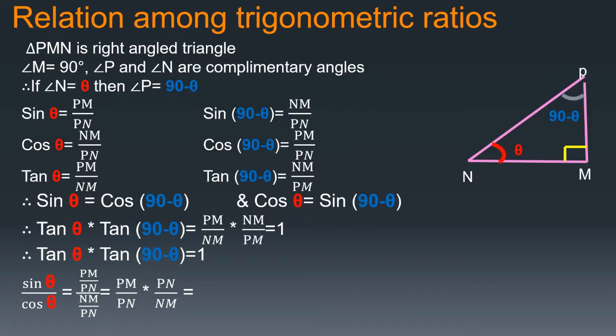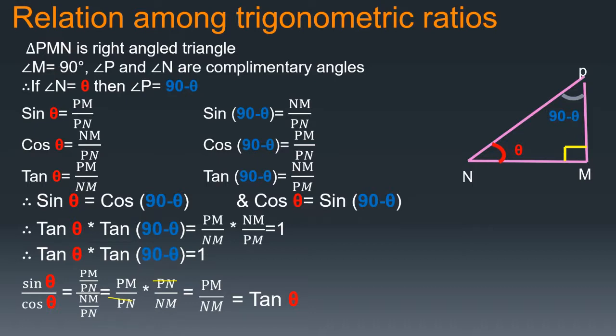So Pm upon Pn multiplied by Pn upon Nm. So Pn gets cancelled and what remains is Pm upon Nm. Now what is Pm upon Nm? It is the ratio of tan theta. So sin theta divided by cos theta gives us tan theta.